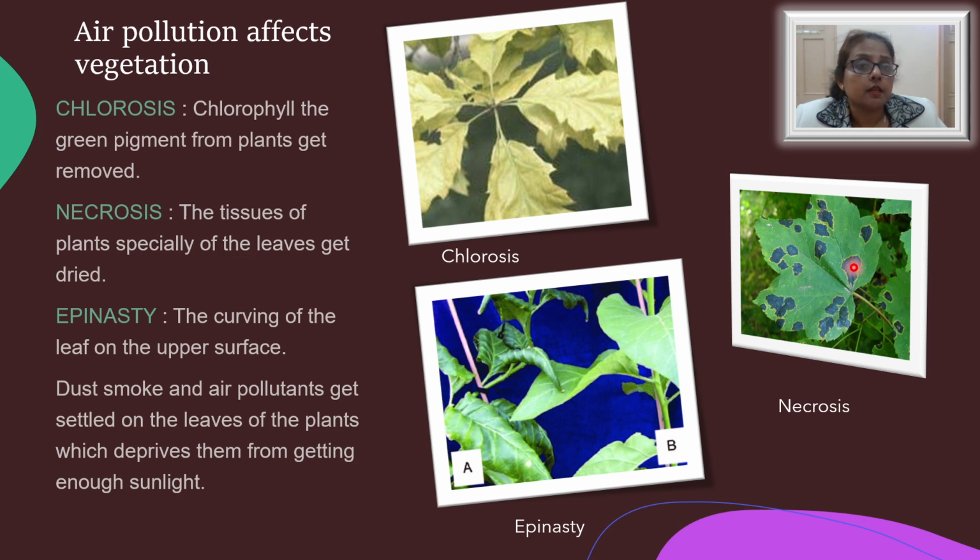So here you can see how the tissues in the leaves begin to dry up because of excessive pollution. Epinasty refers to the curving of the leaf on the upper surface. So in this picture, you can see A, how the leaves have been curved.